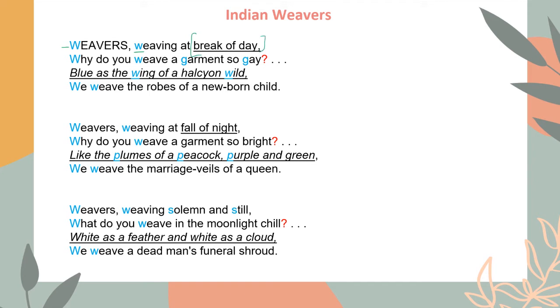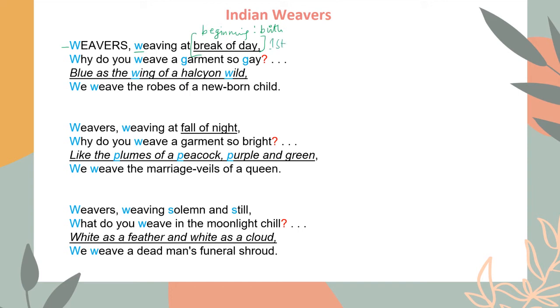Break of day is a metaphor for the stages of life. It is indirectly compared to the birth or the first stage of a life. That you can understand when you read the first stanza in full.